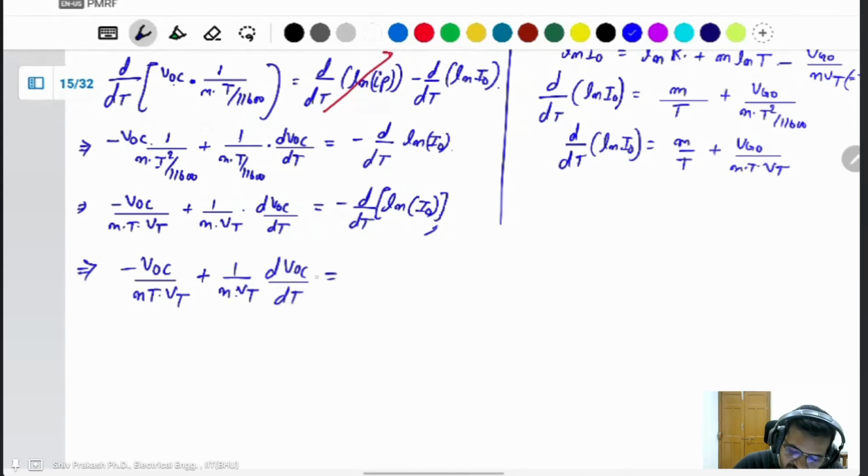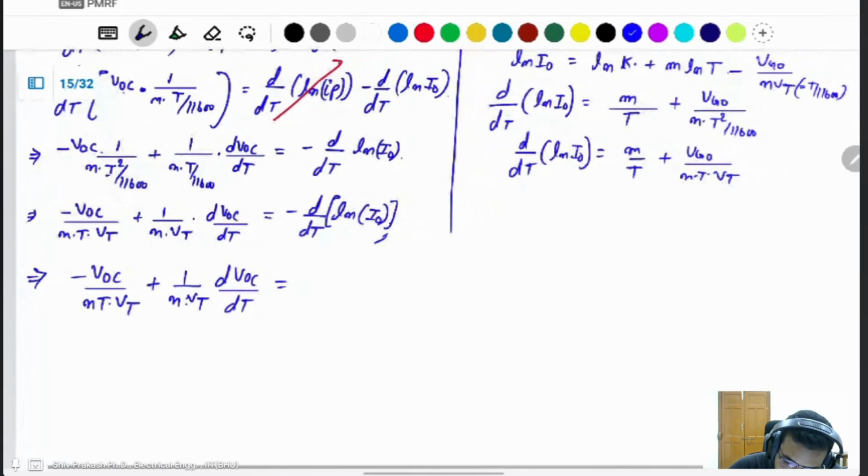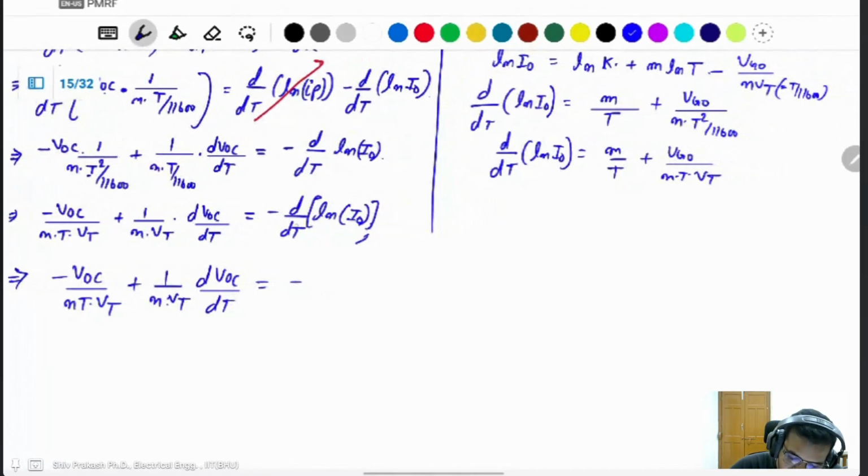You have to find dVOC with respect to the time, the change in VOC with respect to the time. Then minus goes to here, m by T minus VGO divided by n T into Vt.